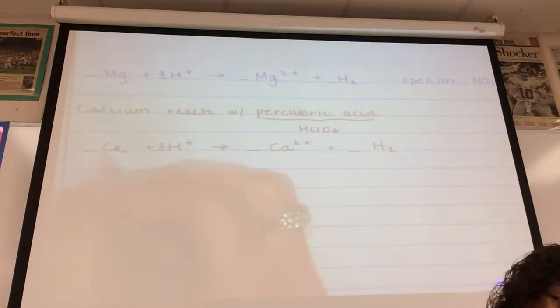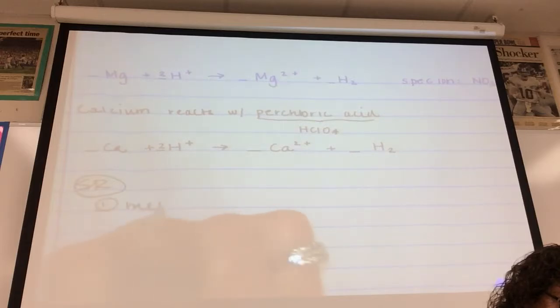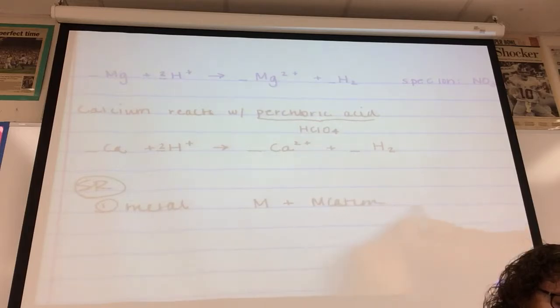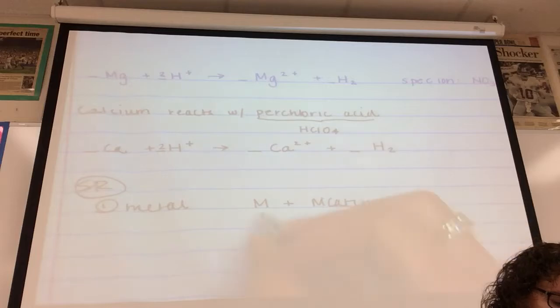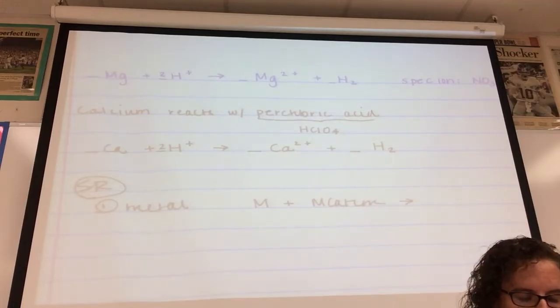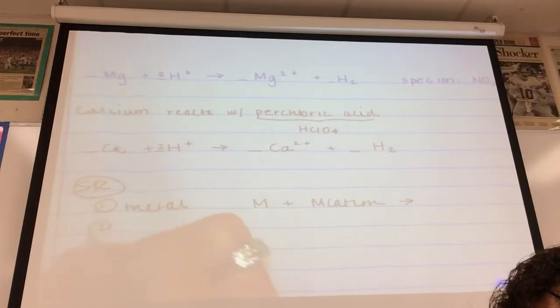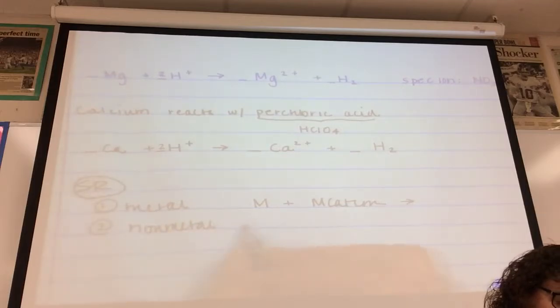All right, so for single replacement, we've got the metal variety in which you're going to have metal plus metallic cation yielding a metallic cation from here and a metal from here. The other type we have is the nonmetal, specifically the halogen replacement.